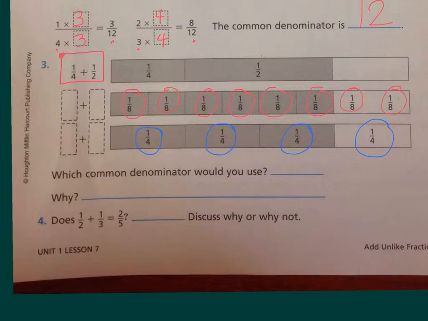So let's set these both up. If I want the common denominator to be 8ths, what would be my new addition problem? Okay, so this equals 6/8. 1, 2, 3, 4, 5, 6.